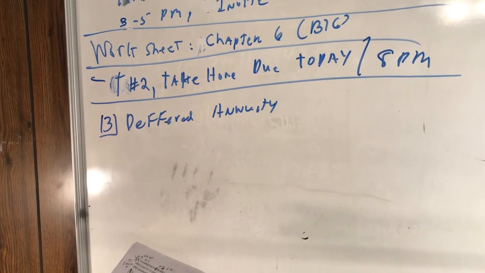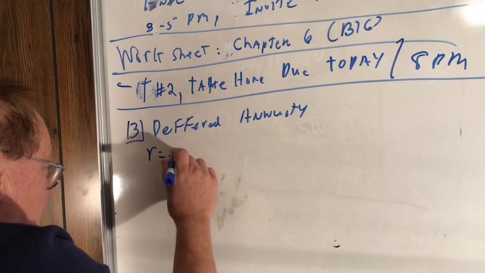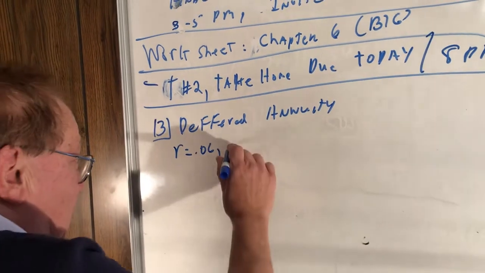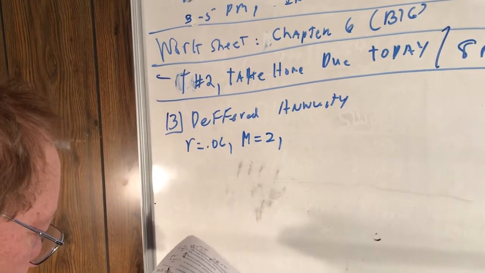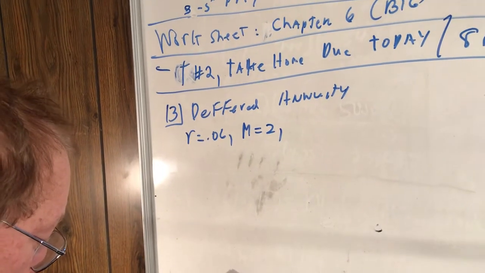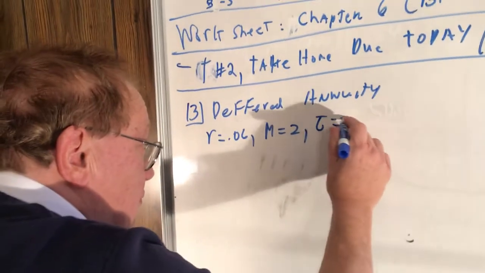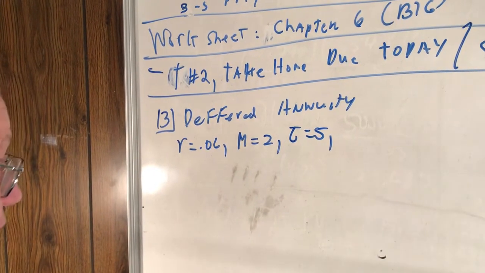So it says, suppose that an annuity at 6% compounded semi-annually for 5 years with the first payment deferred for 10 years. So we start to write down what we know.